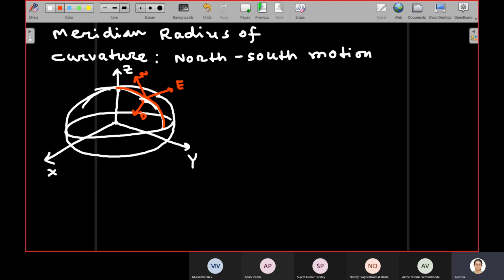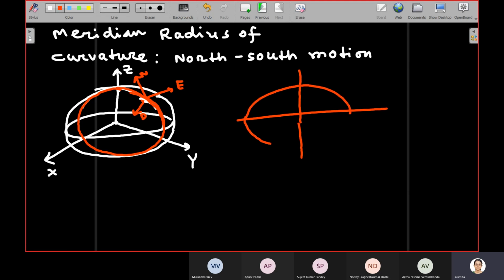So you just pass a vertical plane through that point and take the cross section of the ellipsoid. So it is an ellipse. So this is the cross section of the ellipsoid in the north-down plane passing through that point. Now why do we say north-down plane?